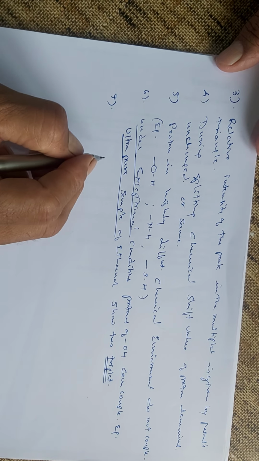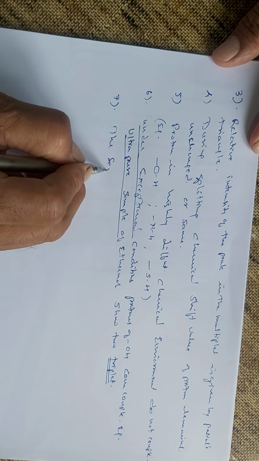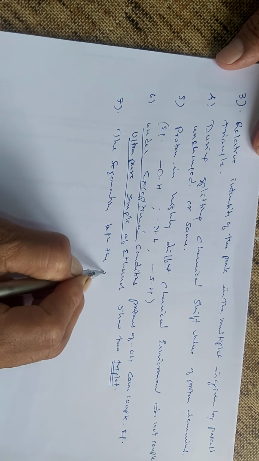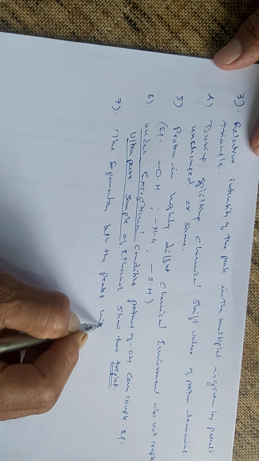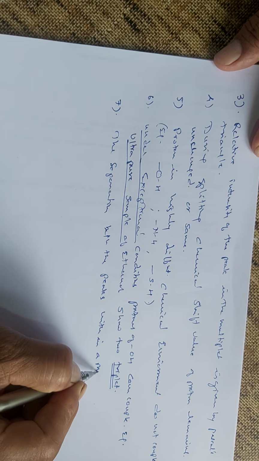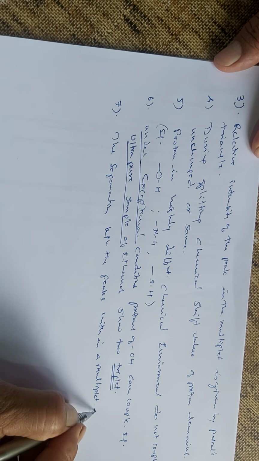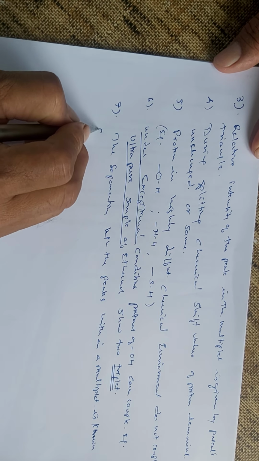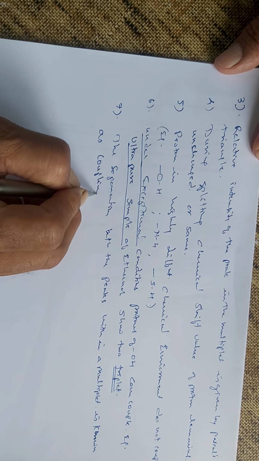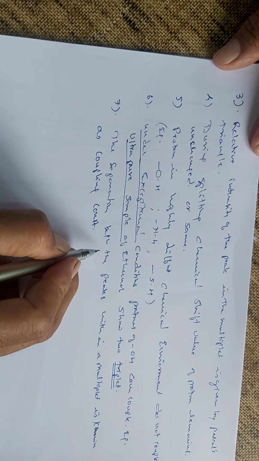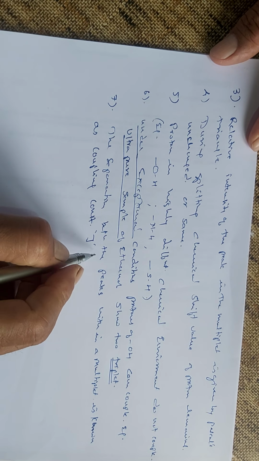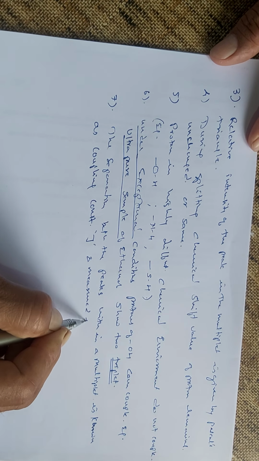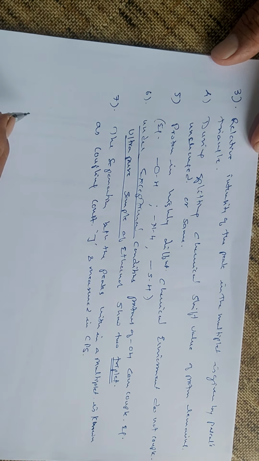And the last point: the separation between the peaks within a multiplet is known as the coupling constant, denoted by J and measured in CPS.